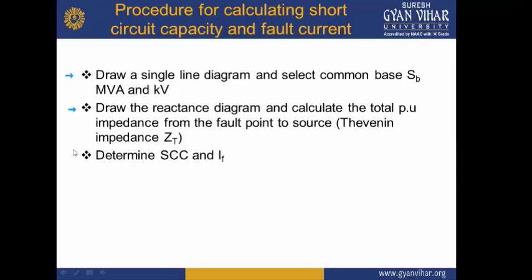After this, the next step is to determine the short circuit capacity and the fault current for the given reactance diagram of the power system network, of which we have drawn the single line diagram and the reactance diagram.